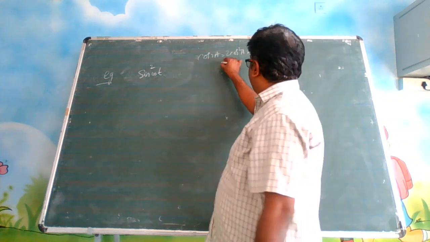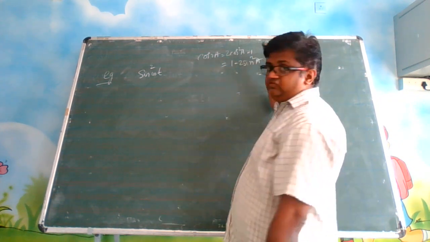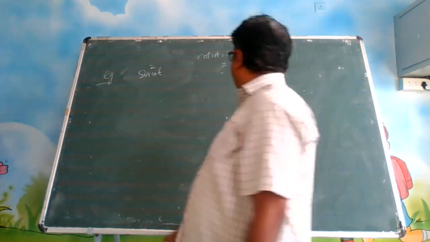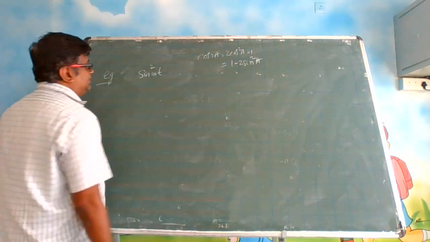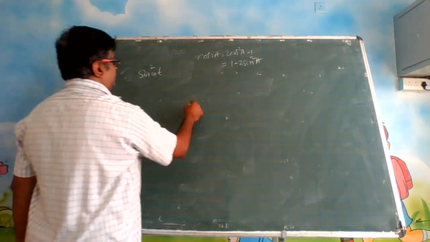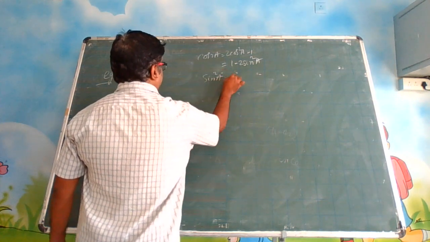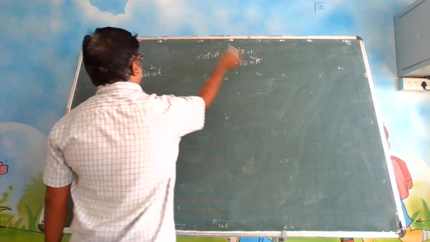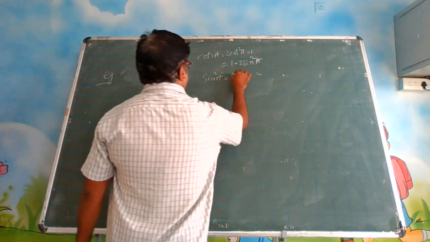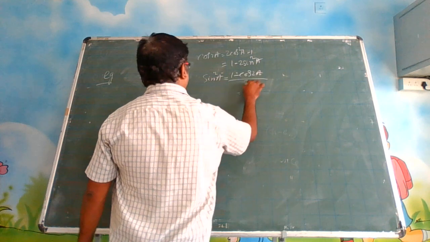There is also one more formula: cos 2a is equal to 1 minus 2 sin square a. So here you assume omega t is a. So what is sin square a here? It is 1 minus cos 2a divided by 2.